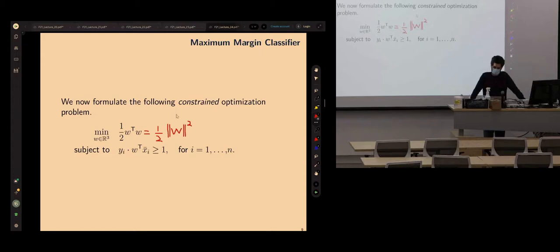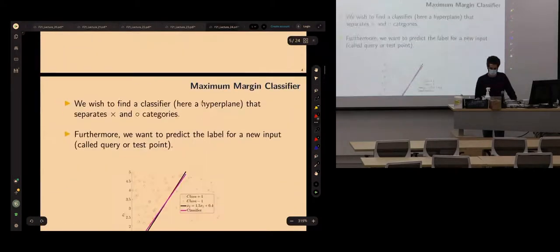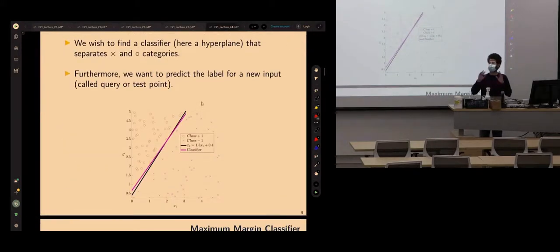The cost function is norm squared. We want to find a w that is small. Find a small w that also satisfies all the constraints. There's not just one constraint. We have n points in the data set. For every pair of the data that we have, input, output, we add one line of constraints. Namely, all of these points that you see here, all the red circles and blue crosses, each of these points will add one line of constraint.